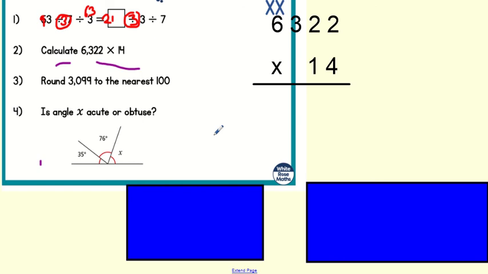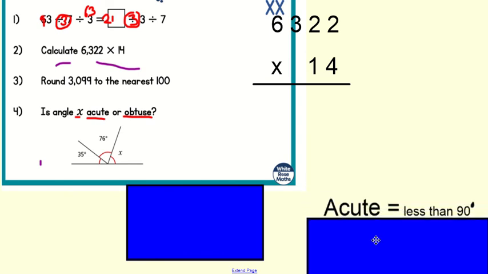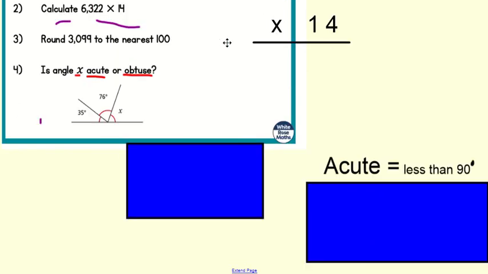So we want to know, is angle X, so we're looking at this angle here, acute or obtuse? Okay, those are words that we've heard of before. So what does acute and obtuse mean? Okay, let's start with acute. So acute is an angle that is less than 90 degrees.